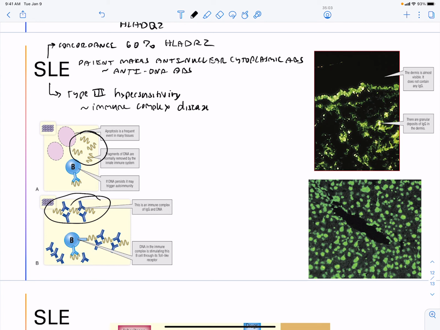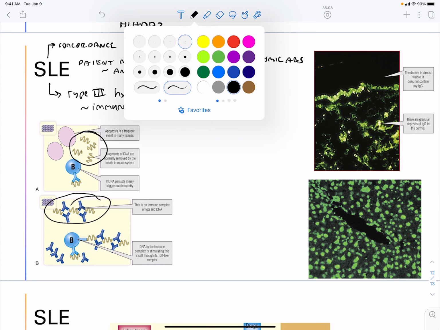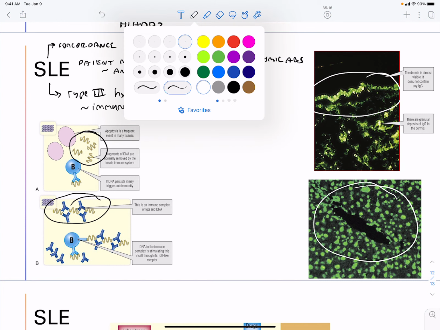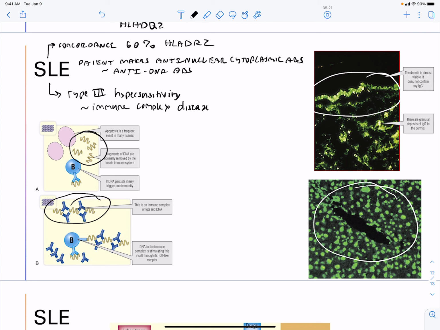And so the immune complexes are going to travel through the blood, and they're going to get trapped in certain locations and create aggregates. And so these aggregates are what are going to cause the disease, because aggregates anywhere are going to cause inflammation.